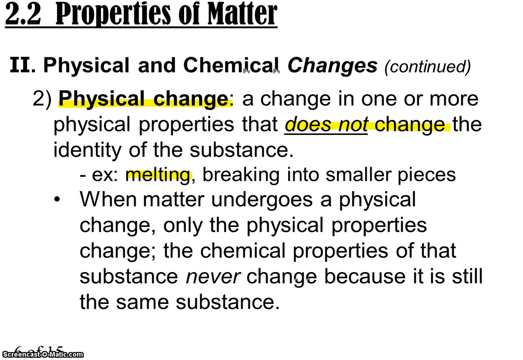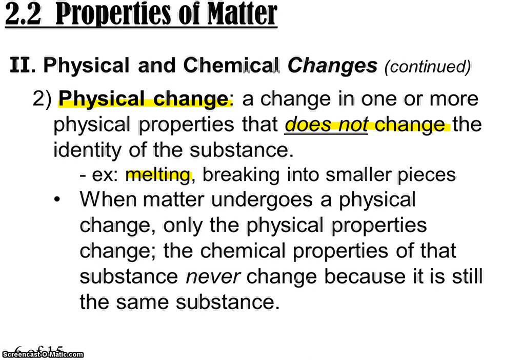So for example, physical properties of ice are that it's very hard, it's brittle, it floats in water. When it melts into water, water is not hard, it is not brittle, it is a liquid. And so the physical properties of the H2O molecules have changed when it's gone from ice to water, but it doesn't change the fact that it's made out of H2O.